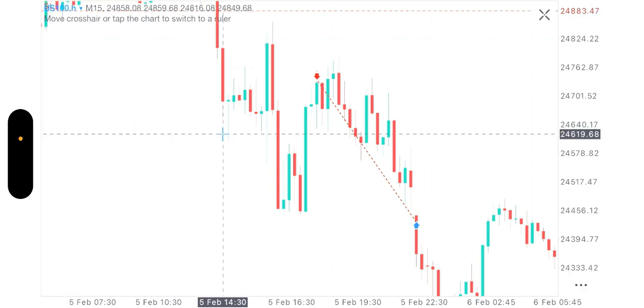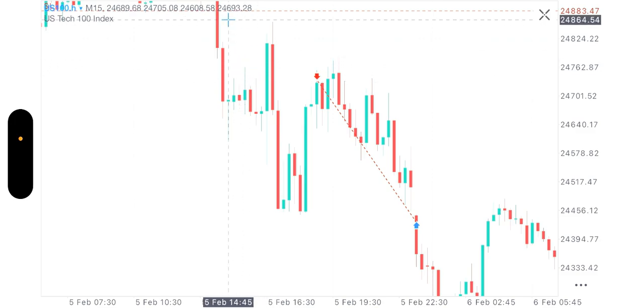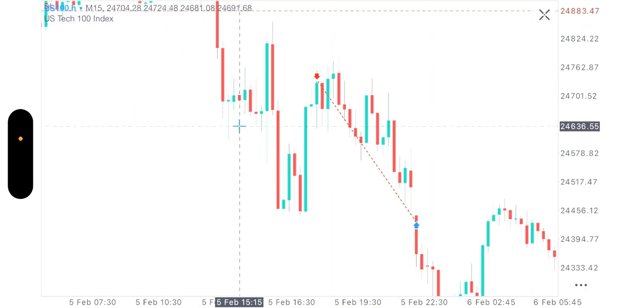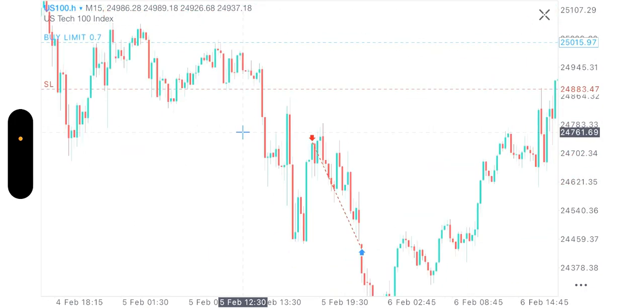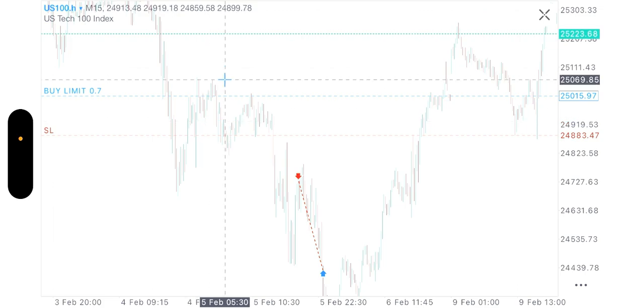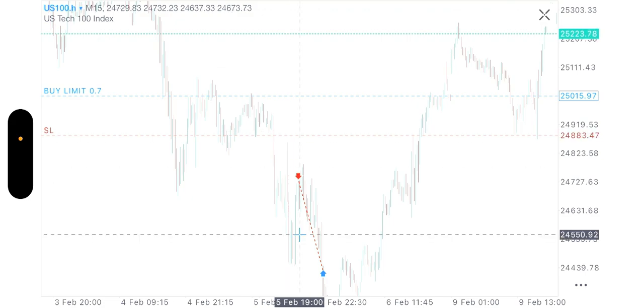The overall trend is bearish, from the weekly to the daily. We've been bearish for a long time, right? Price keeps making new lower highs, lower lows, lower highs, lower lows, right?